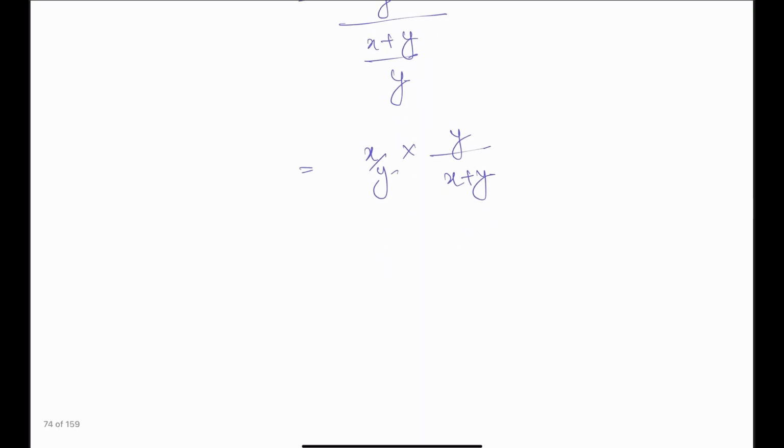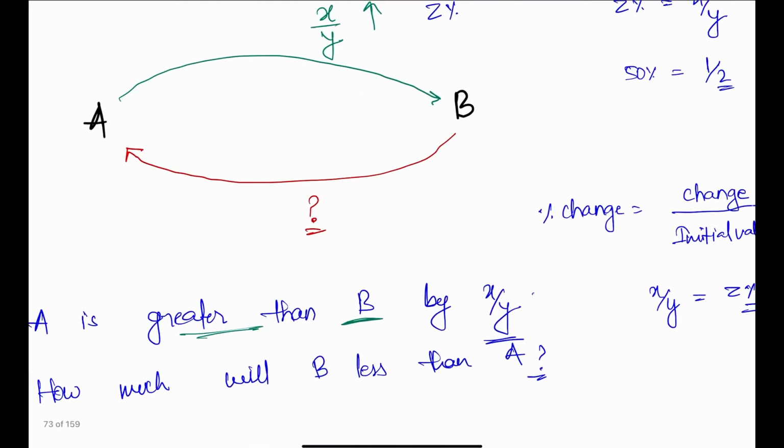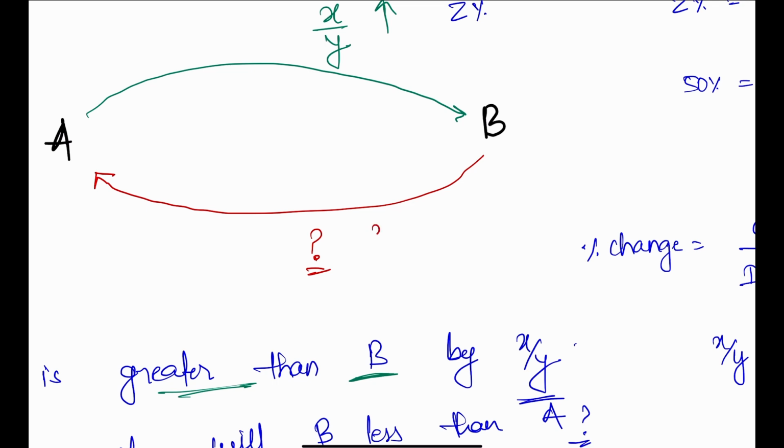So eventually y will get cancelled, it will be x by x plus y. So this is our fractional value. So it will be nothing but x by x plus y.